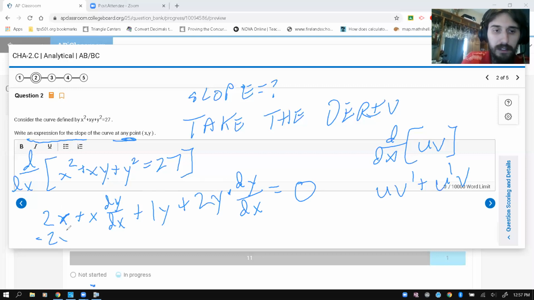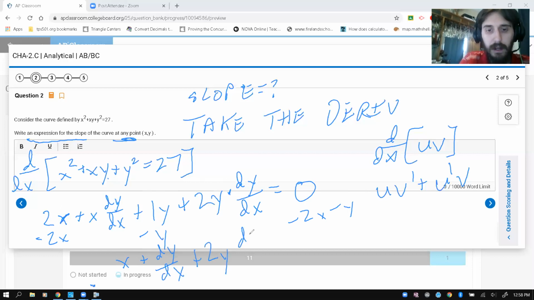So I'm going to subtract 2x and subtract y over to the other side. And what that'll leave me with is x times dy dx plus 2y dy dx is equal to negative 2x minus y.